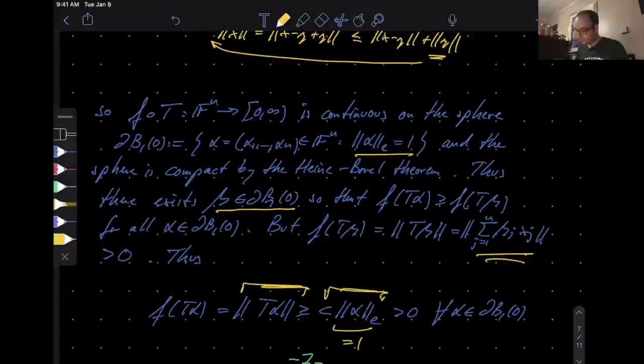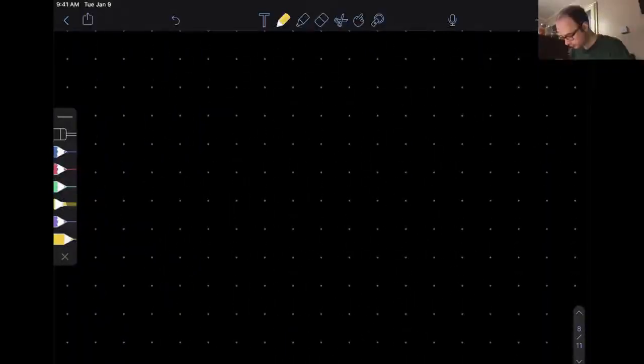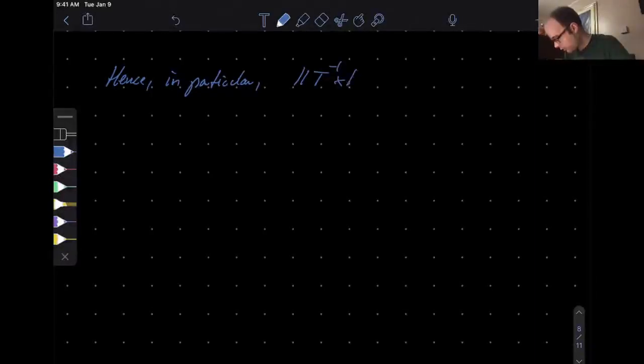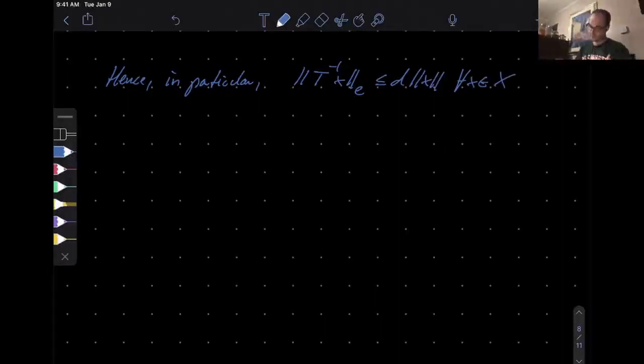So if you have this, you should read this here and this here. Then of course, if this is true for all alpha, remember T is bijective, so it has an inverse. Now you can replace just alpha by T minus 1 of, well, the pre-image, right? So in particular, hence in particular, we have the inverse of T, the norm of T inverse of x, less than or equal to a constant d times the norm of x for all x in X. Okay, so this really follows from the last inequality.